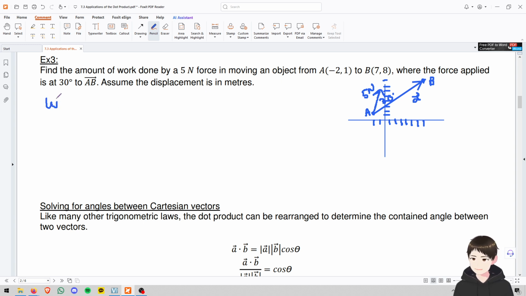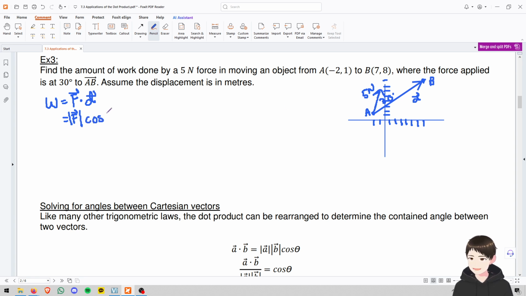Assume the displacement is in meters and I need to find work. Work is the force vector dot the displacement vector. I know the force is not completely useful. There is a vertical and a horizontal component. I only want the component that is parallel to the direction of displacement.